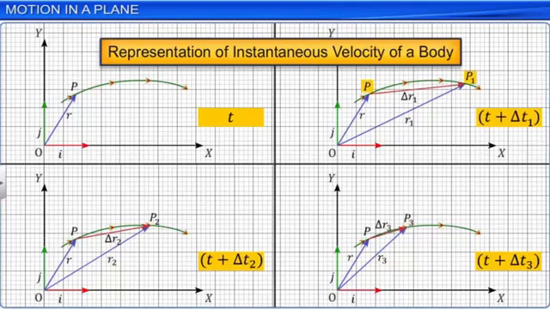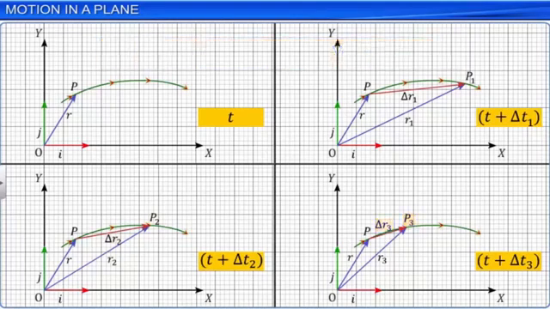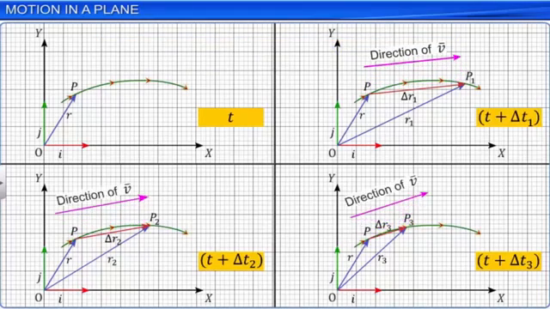At point P2, its displacement is delta r2. And at point P3, its displacement is delta r3. The direction of average velocity vectors are shown in the graphs. Delta t1 is greater than delta t2, which is greater than delta t3.